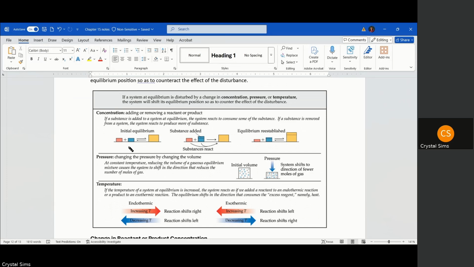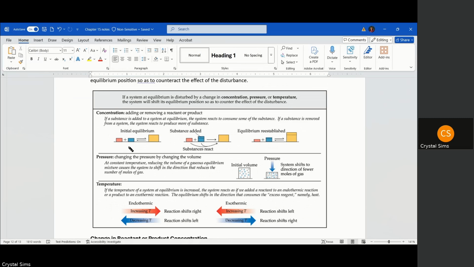So if we have an initial volume, so here's our initial volume, and we add pressure to that, okay, and now our volume is less than what it was, so we've got to reduce the number of moles of gas.